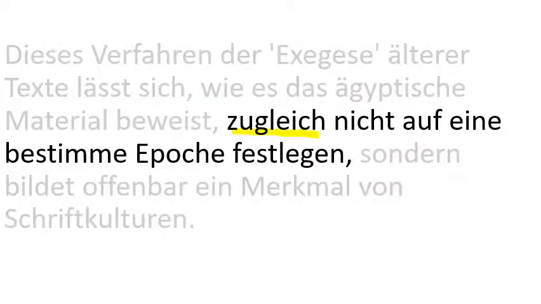"At the same time, not on a determined or particular epoch." Festlegen, you can see it's a compound. It's a verb, but fest meaning secure or something like that, and legen to lay. And this verb just means to establish. So simultaneously, not on a particular or determined epoch to establish.